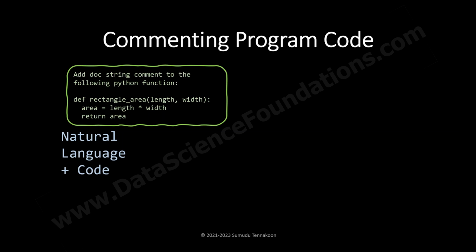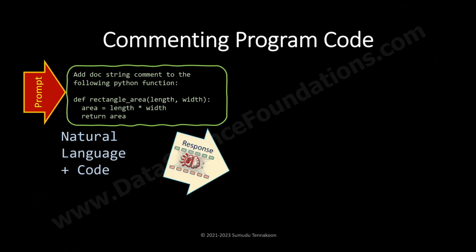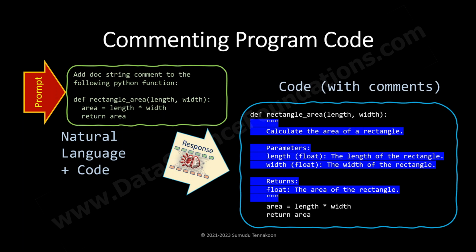This is an actual example. I ran it through a generative AI model and got the answer. I will show you the answer in a minute. Given the description of the task and the code together, two things, it should give you the output, which is the response from your model: the code with the proper docstring comment.